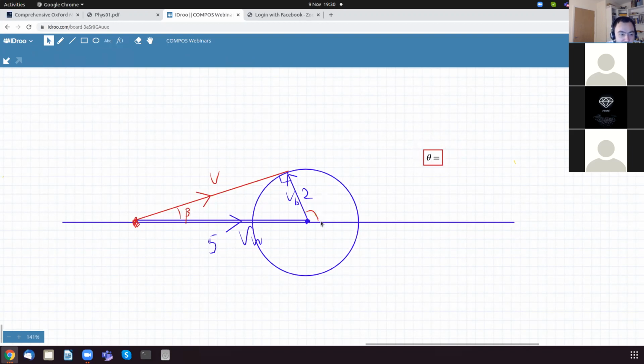Let's keep it simple, because I use this angle. Theta is equal to arc cos 2/5, or inverse cosine.